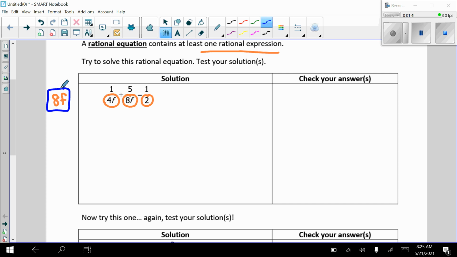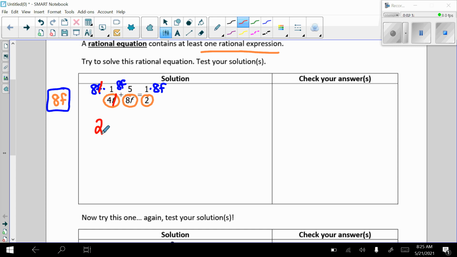Because what we're actually going to do right now is multiply each and every value, each and every term, by the common denominator. Watch what's going to happen here. F over F cancels out. 8 times 1 is 8, divided by 4 is 2. We got rid of our denominator right there.